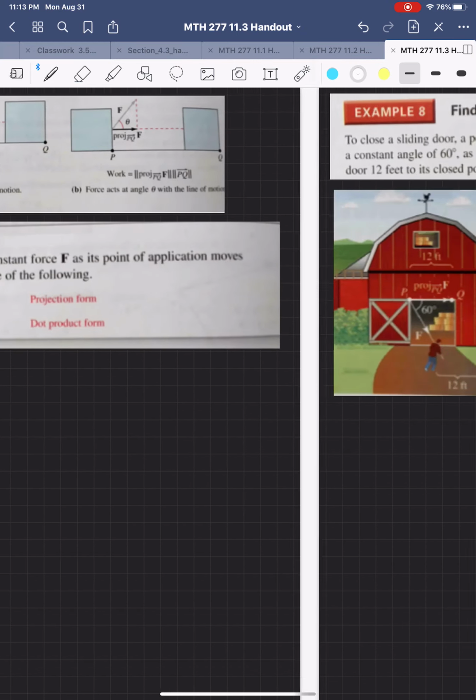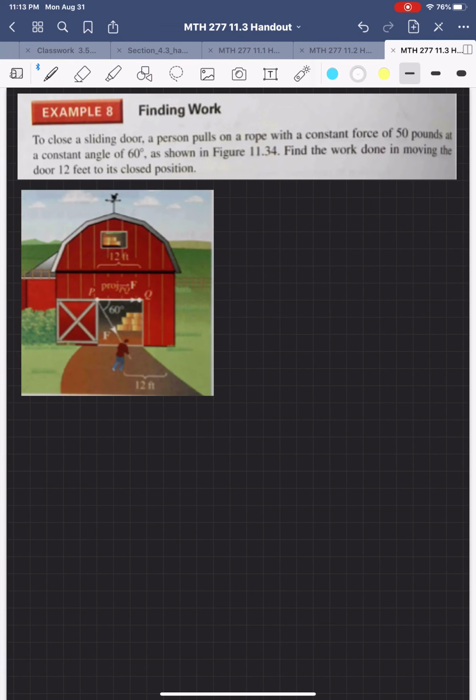Let's see if we can expand on it through an example. All right, so this will be the last example for this section as well as this video. Let me read. It says: to close a sliding door, a person pulls on a rope with a constant force of 50 pounds.